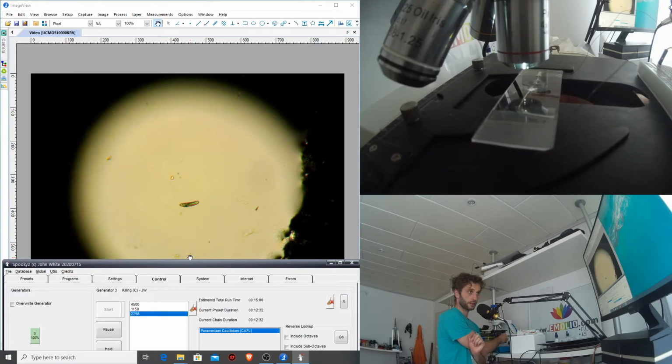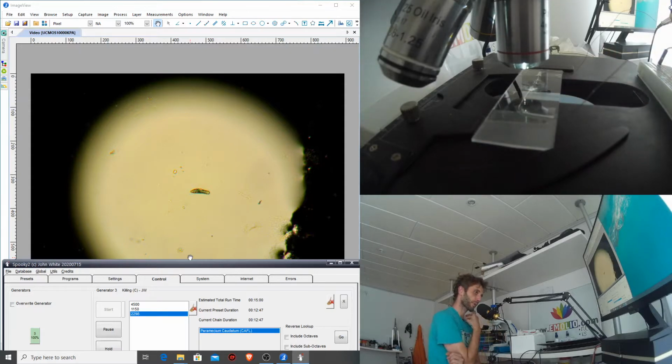And after that, I will go with the plasma tube and see if I can manipulate it or kill it with the plasma tube.